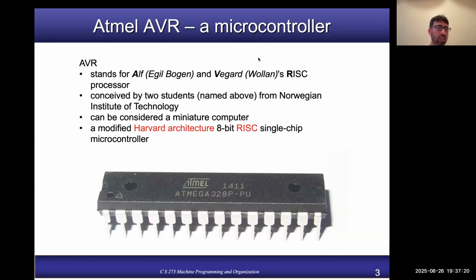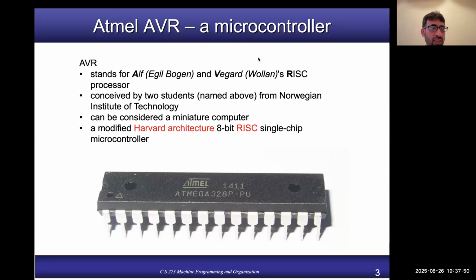But at this time, it is sufficient for you to know that Harvard architecture is an approach to improve performance by maintaining separate code and data memory. And this microcontroller is an 8-bit RISC single chip. What does it mean, 8-bit RISC? 8-bit means that this microcontroller has internal registers which are used to hold the data.